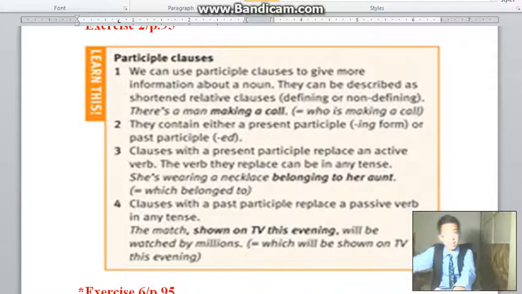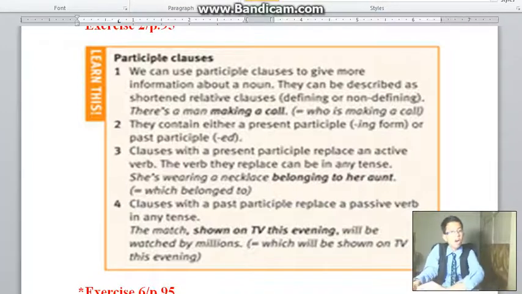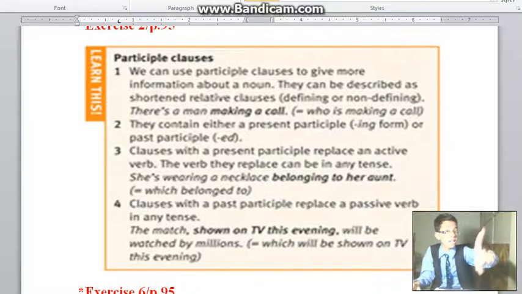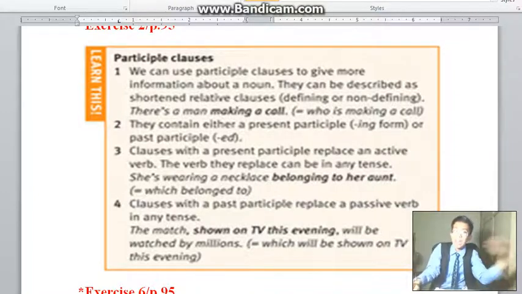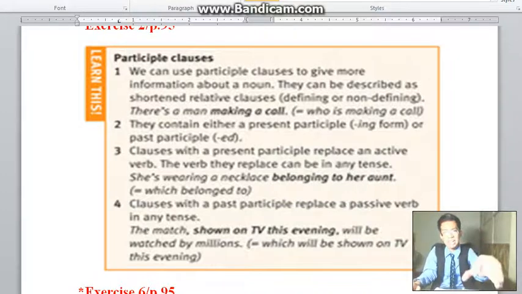So when we write it into the shorter form, it only remains the verb shown, means the past participle. So the past participle can replace the passive verb in any tense. Alright? The present participle can replace an active verb in any tense.